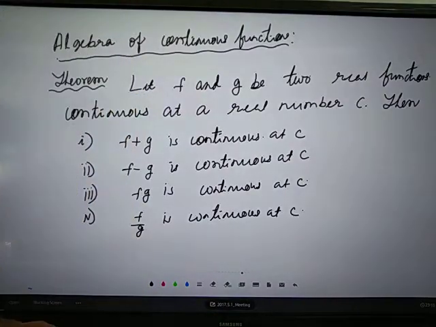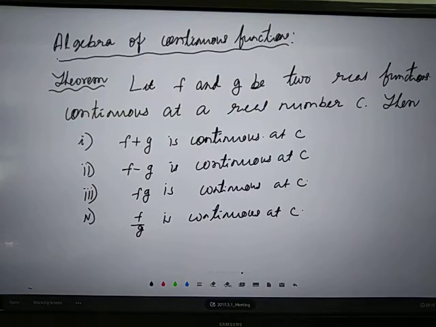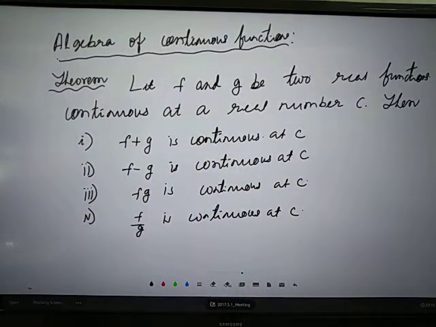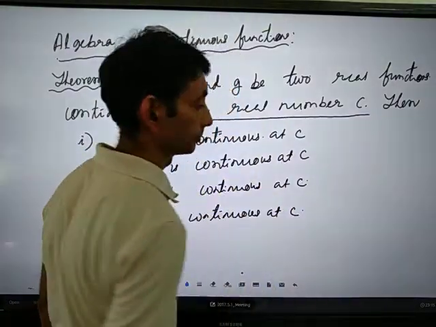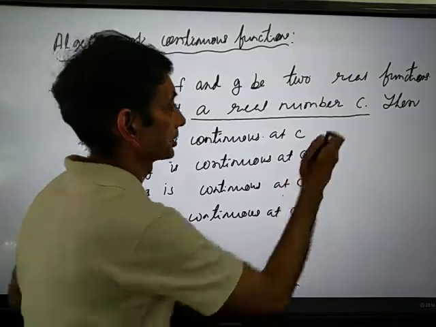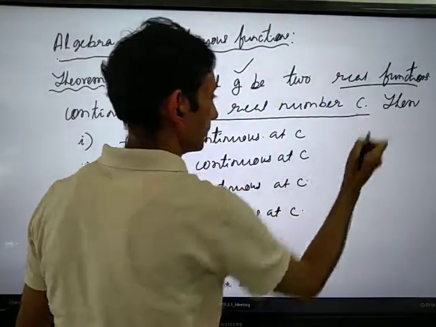Now we'll move to the theorem of continuity, that is, algebra of continuous functions. A very important theorem. Theorem: let f and g be two real functions continuous at real number c. What is given? That f and g are two real functions, and both f and g are continuous at c.